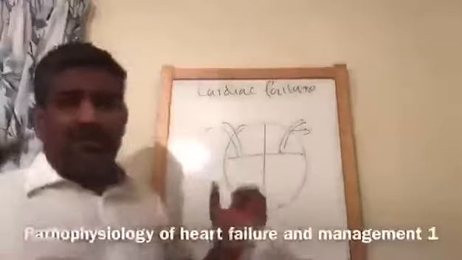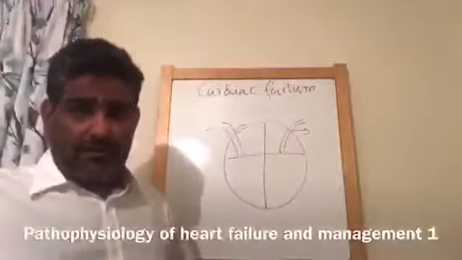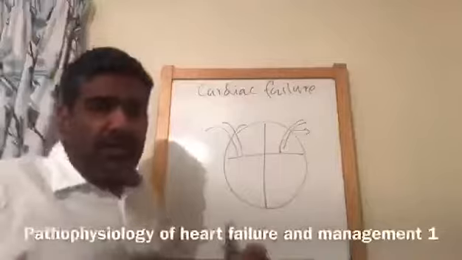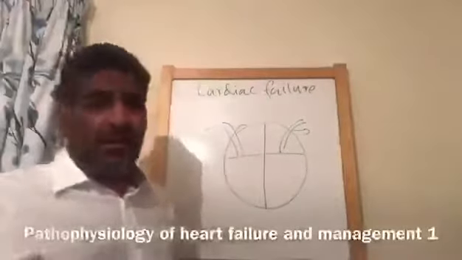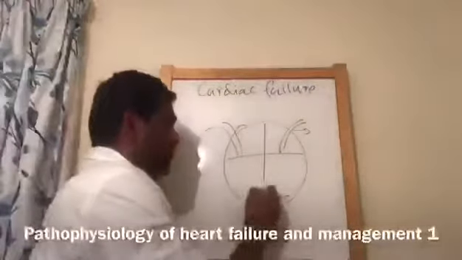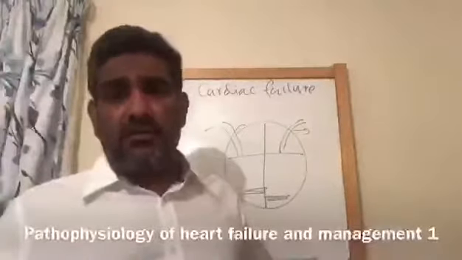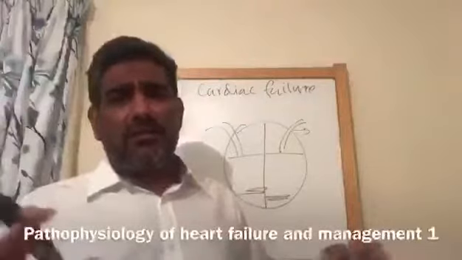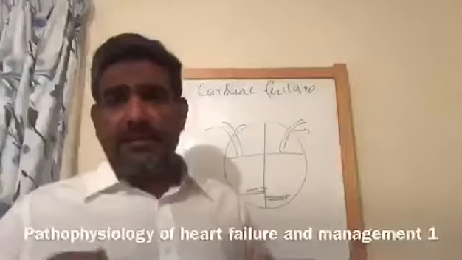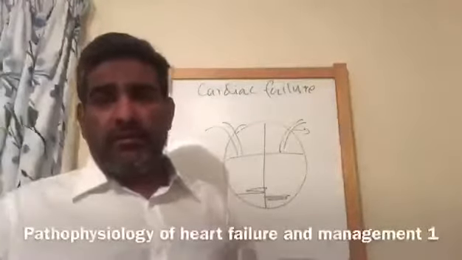All the blood it receives, the heart pumps out. There can be some residual volume in the ventricles, a small volume, but this residual volume remains unchanged. That means the heart pumps out all the blood it gets through the veins.